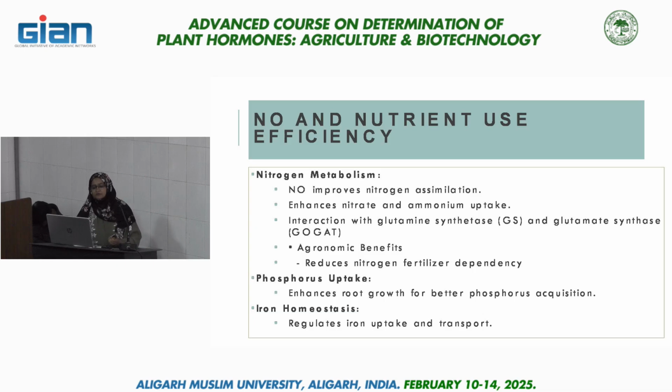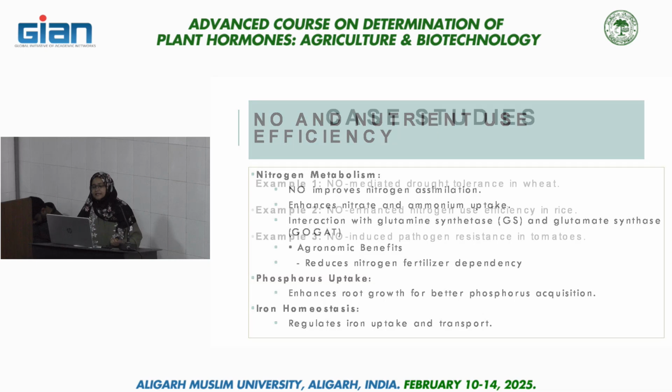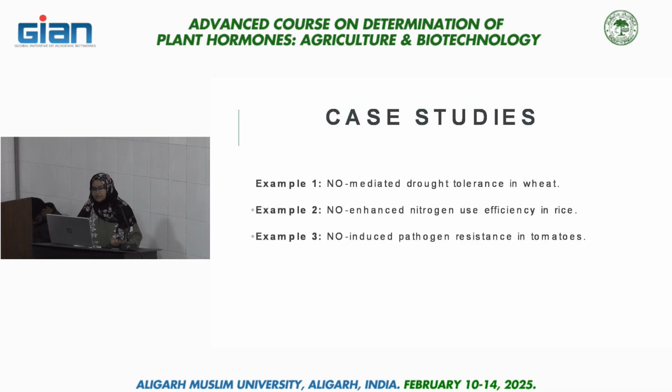Besides this, it also increases phosphorus use efficiency by inducing the expression of phosphate transporter genes, that is PHT, and NO-mediated root system remodeling, like increased lateral root formation and root hair growth, improves phosphorus acquisition from the soil.